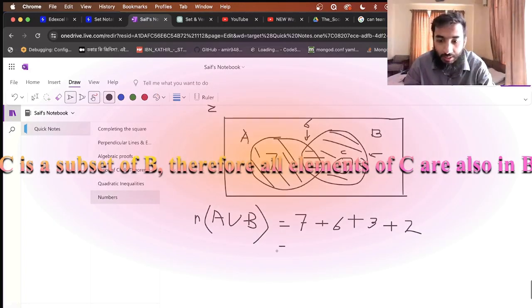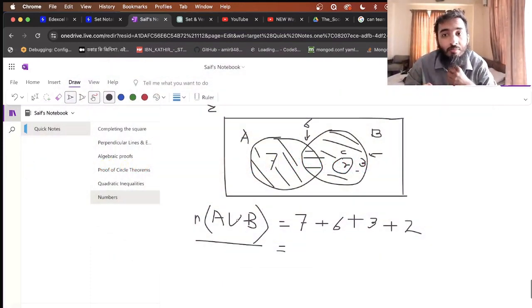This is the total union of A and B, which is 13 and 5, which is 18. So this is the number of A union B.